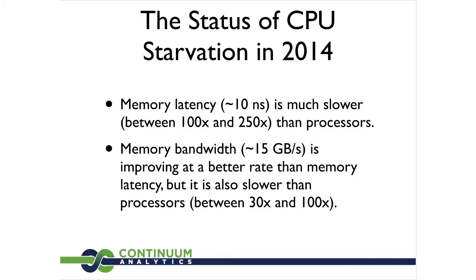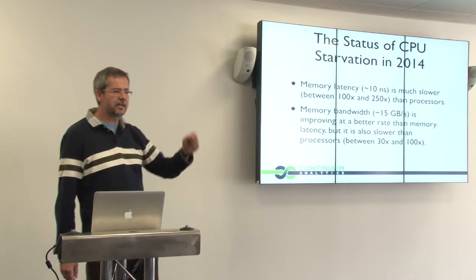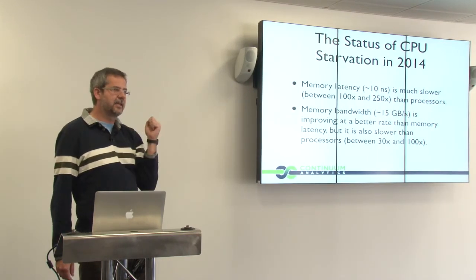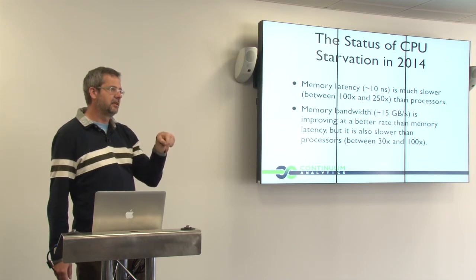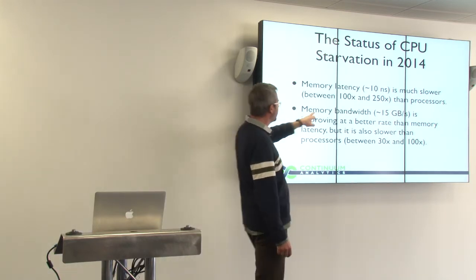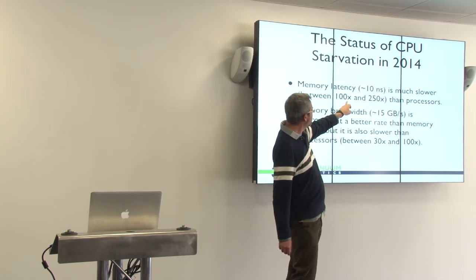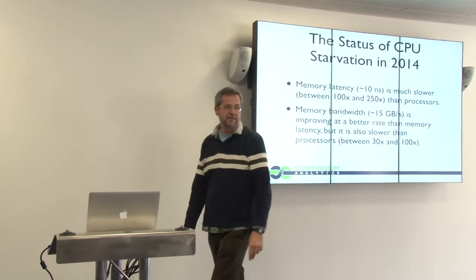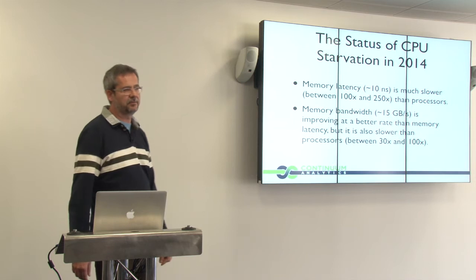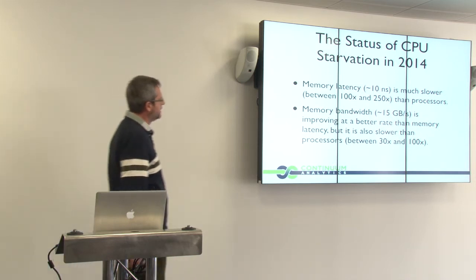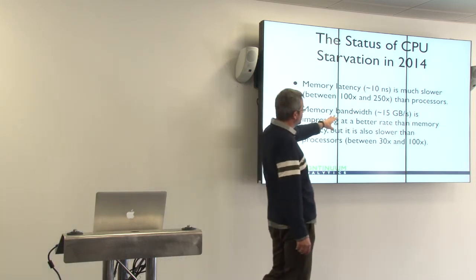So this is the situation now in 2014. Memory latency is much slower than processors, by a factor of around 100 to 250 times, which is a lot. That means that when a CPU asks for data that is not in cache, the CPU has to wait and sit and do nothing for 100 or 250 cycles. And that's a lot of waiting. Memory bandwidth is different.